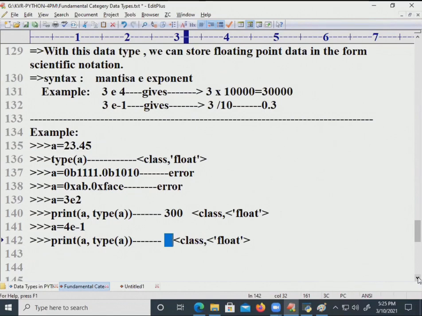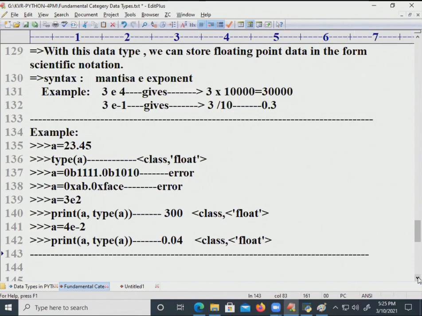Come on. 0 point? Okay, good. 4U2. 0.4. Okay, good. This is about floating point data type. Regarding the mantissa or the scientific notation, nothing to worry, I'll take care in the class.